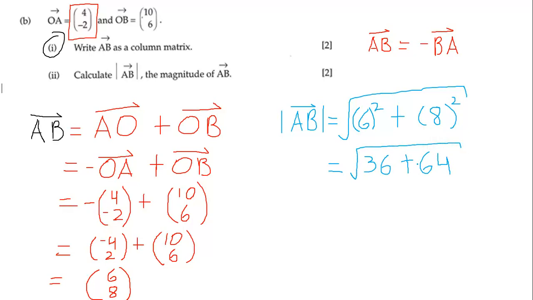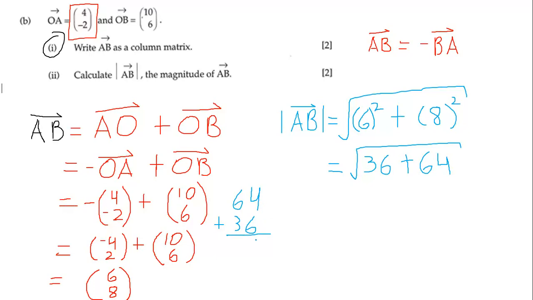Now what is 64 plus 36? Let's add them. What is 6 plus 4? 6 plus 4 is 10.